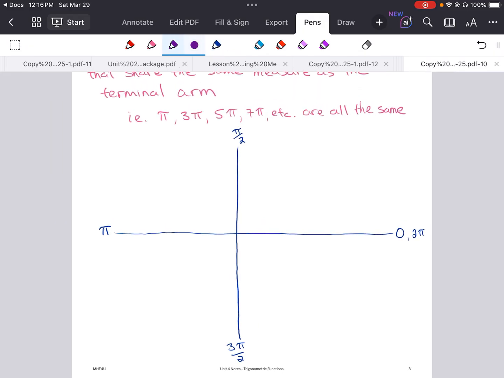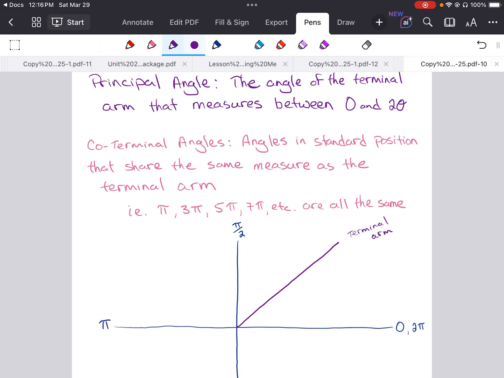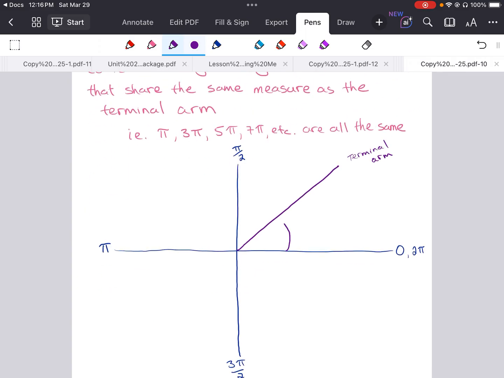Okay, so if we put our terminal arm there, the principal angle would be 45 degrees or pi over 4.